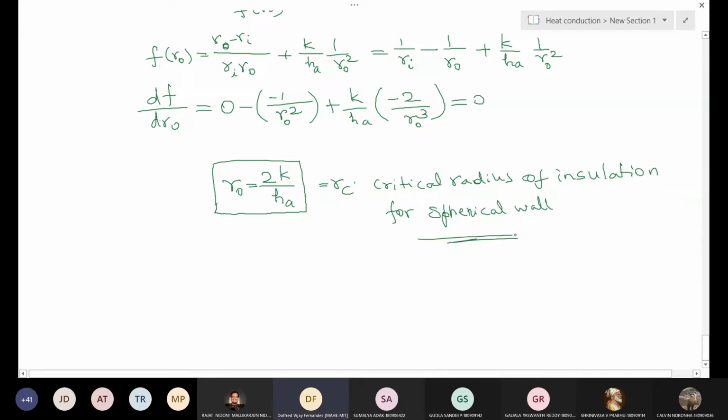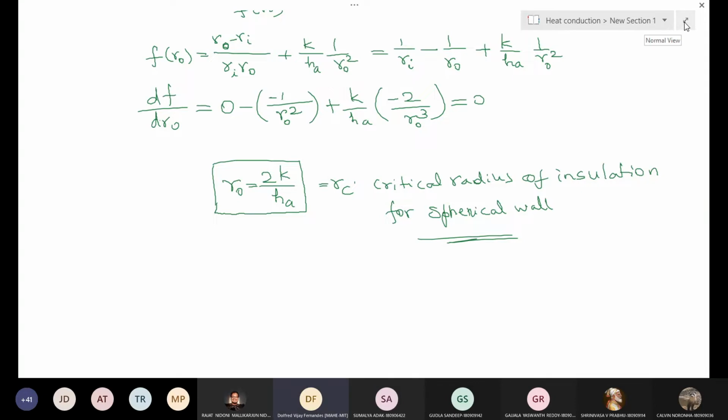Yes, so I will stop here with the theory part. We'll go to the numerical problems, and there is some more remaining, which is temperature dependent thermal conductivity and contact resistance.